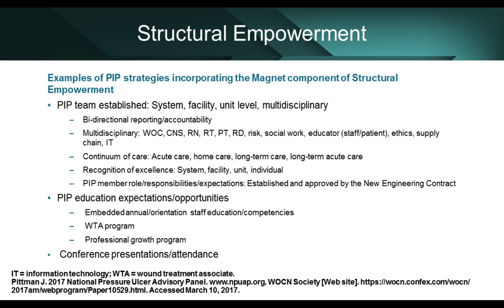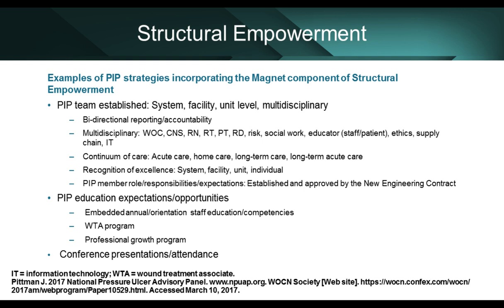Components of that includes professional engagement, commitment to professional development, teaching and role development, commitment to community involvement, recognition of nursing. So here on this slide, I've given you some examples of how we have incorporated structural empowerment into our pressure injury prevention program.